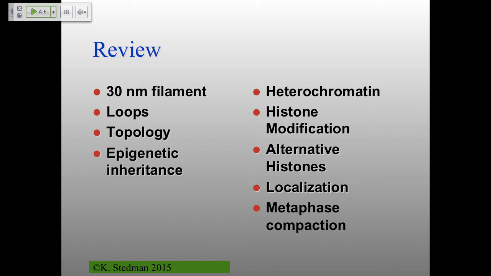And so the centromere, if we just take that particular example, will stay the centromere and stay associated with those microtubule proteins that we're talking about, because as you replicate, those alternative histones, or the modified histones, are going to stay right there.